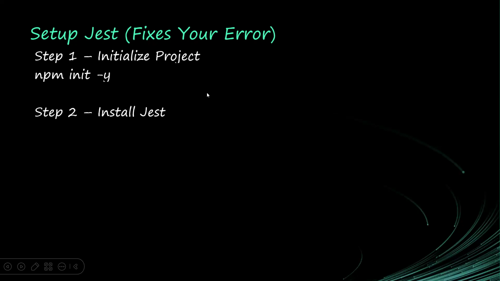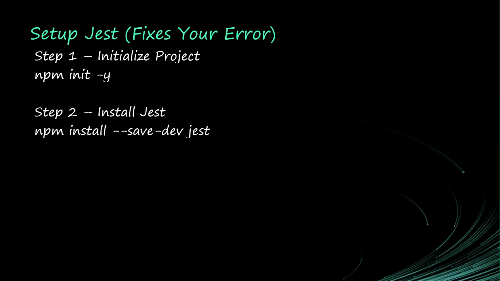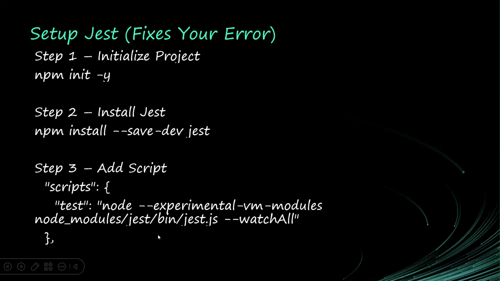Then you install Jest with npm install --save-dev, so here we are saving this as a dev dependency. And then you will add your script. Now, for me, I am using ES modules. I am not using CommonJS.